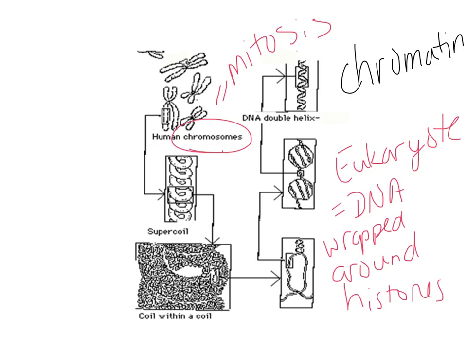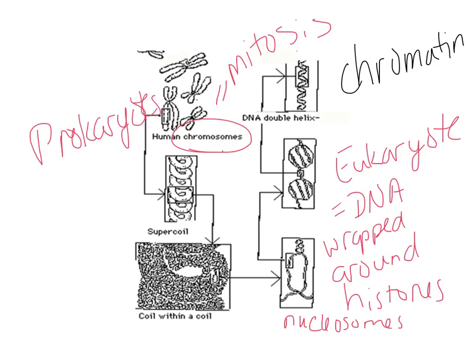So in eukaryotic cells, the linear DNA is wrapped around histone proteins, and they form what are called nucleosomes. That nucleosome is a combination of the DNA wrapped around the histone, and those will be in eukaryotic linear DNA only.